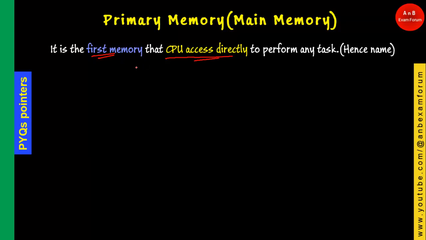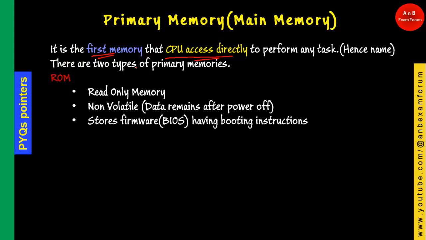Based on this, there are 2 types of primary memory: ROM and RAM. Just remember, ROM, as the word itself says, is read only memory. Read only means it is used only for reading, not for writing. And since it is read only memory, it will be non-volatile.